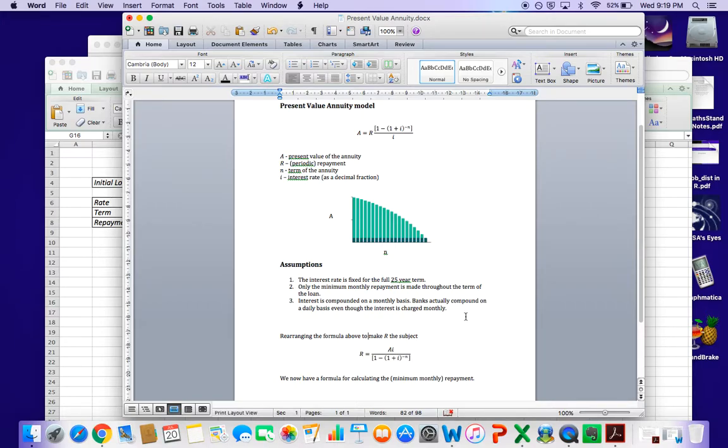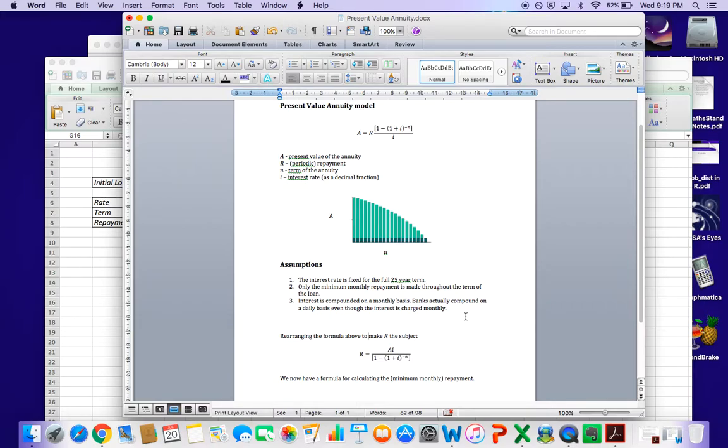So what that means essentially is if you check your bank statement with regard to your loan, it would show you a monthly charge that will pop up once a month at the same time every month. But what it doesn't show you is that amount of interest is actually calculated based on a daily compounding rate.